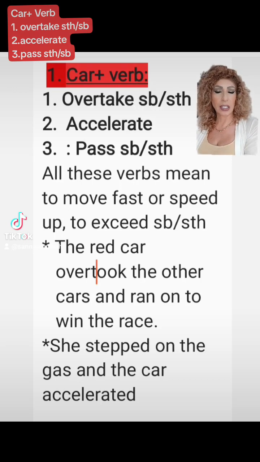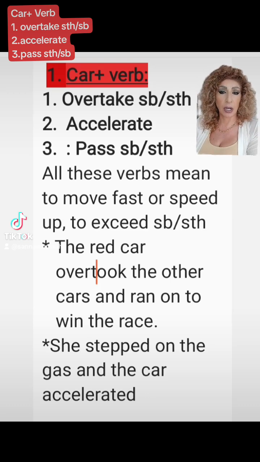As you notice here, we use some verbs with the word car, but these verbs come after the word car. So the car in this case will be the subject of the sentence. The first verb is overtake. We can use after overtake somebody or something.